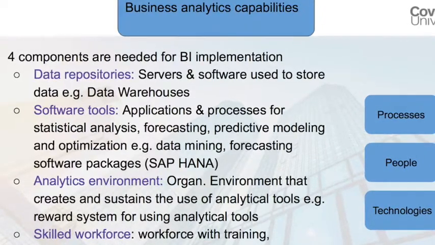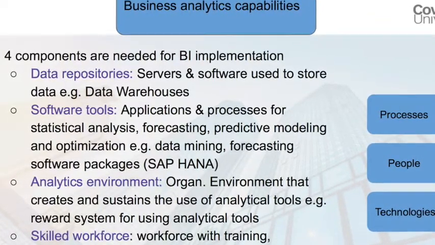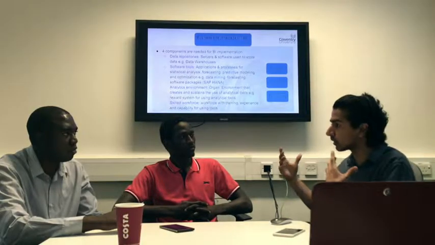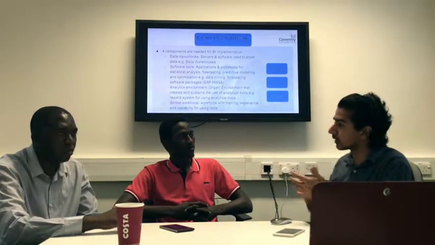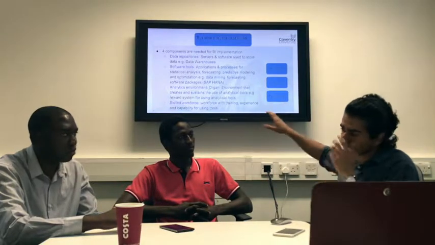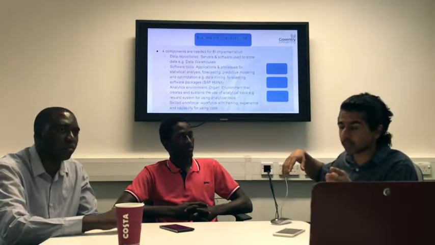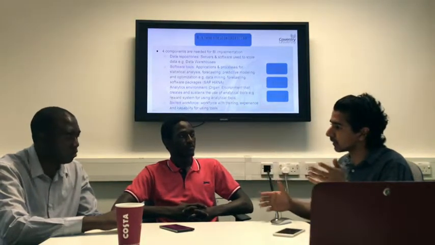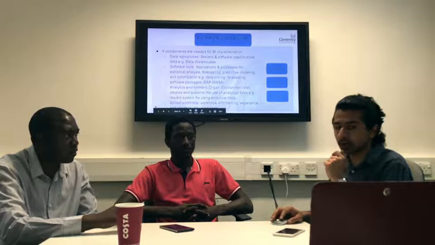Second is the software tools that you need to process and analyze the data. Third is the analytical environment: the organization culture, and the people and the training that you give. So marked on the right on the slide are actually the three components, the processes, the people and the technology that you need to invest in in order to have a great business analytical capability.